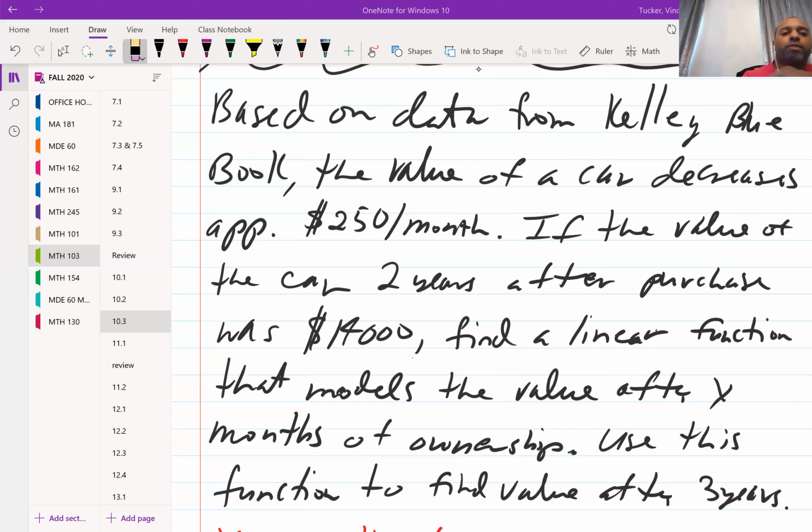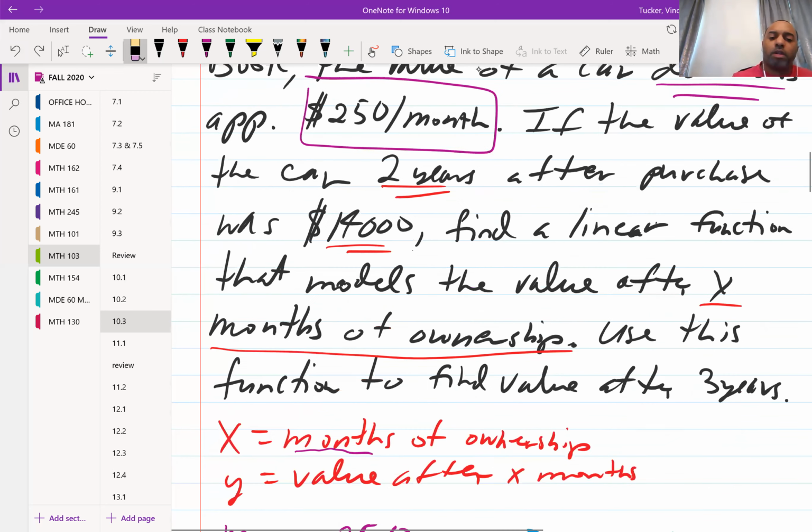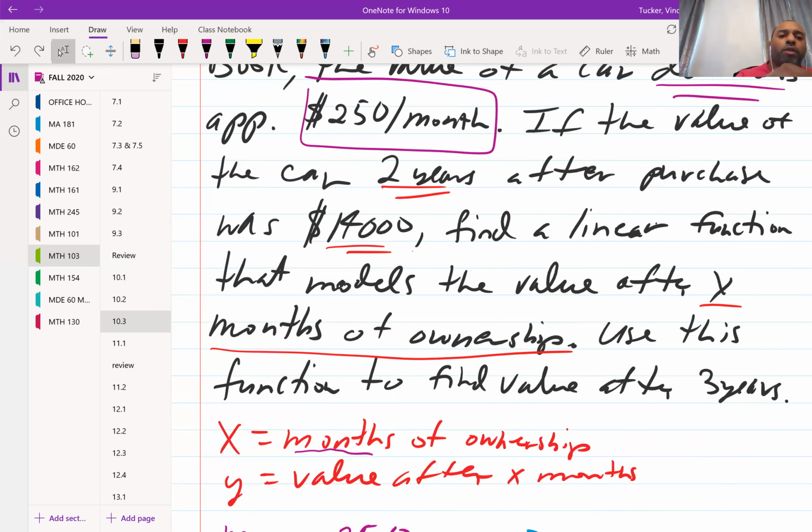All right, so there are certain things we do want to point out, and I'm putting my stuff back. First thing we notice down here, I've already written it, is what X and Y will represent for us. It tells us X is months of ownership, and then our Y is going to be the value after X months.